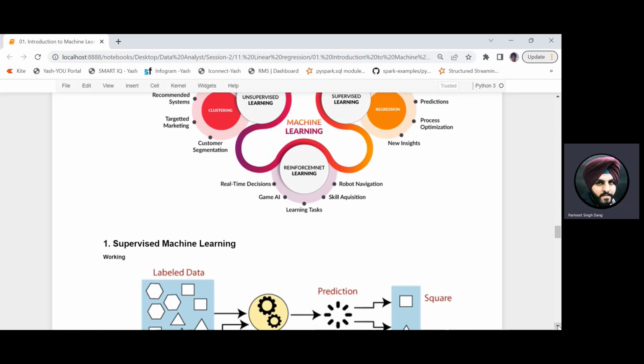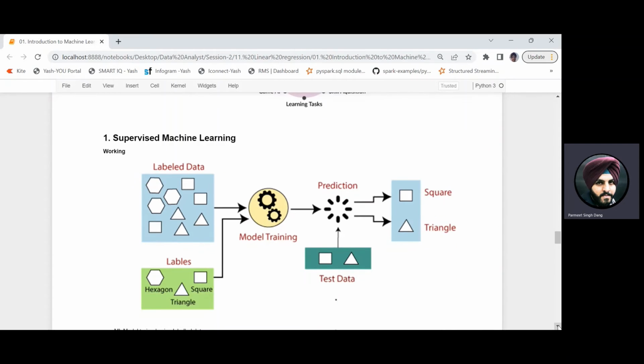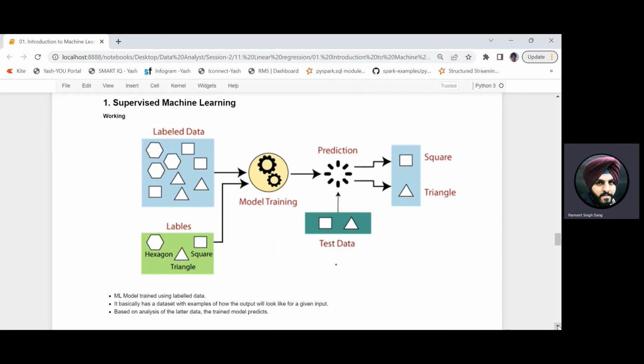Okay, now let us learn in depth about the supervised machine learning algorithm, how it works. You have the data, which is labeled data. You would see here I am supplying some shapes. This is a shape with 6 sides. It is a shape with 4 sides. This is a shape with 3 sides, right?